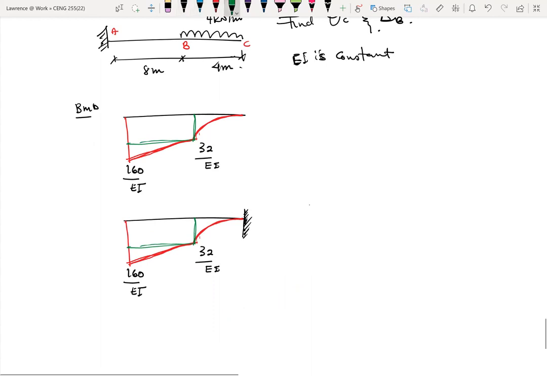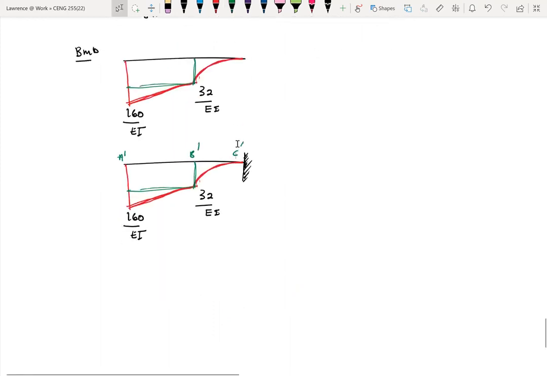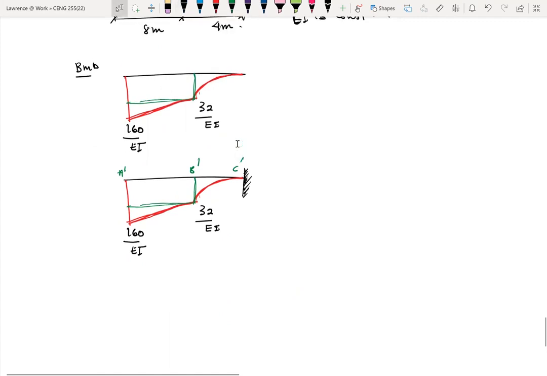Now here I have A prime, B prime, C prime, and I need to find these reactions. If I can find VC prime, then I can find my rotation. There's an MC prime. I don't need to find it because it's not part of the question, but I can still find it if I want to. So let's look at VC prime.